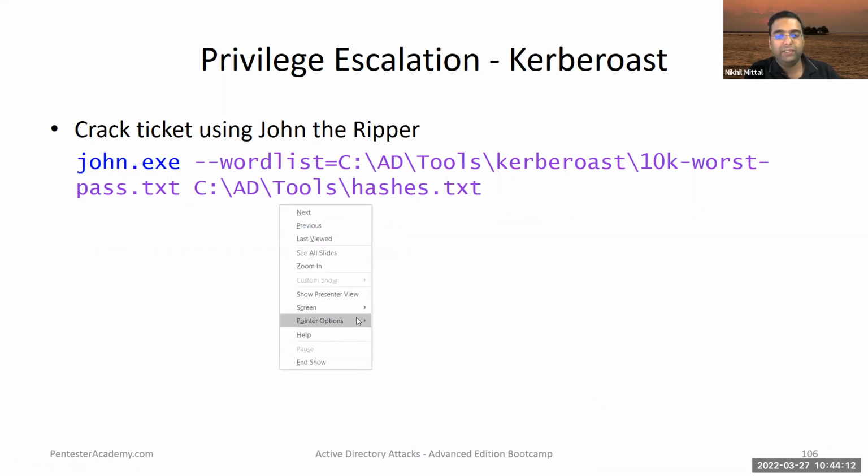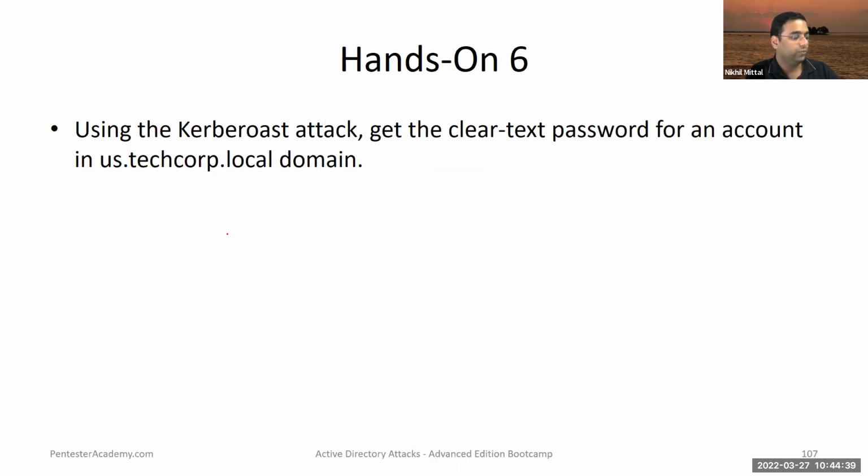Please always keep in mind that if you have an RC4 hash, even in case of AES, the success of your brute force depends on this. The better your word list is, the more customized or tuned it is towards the target environment, the more the chances of your brute force being successful. And that would be it. That is what the Kerberoasting attack is.